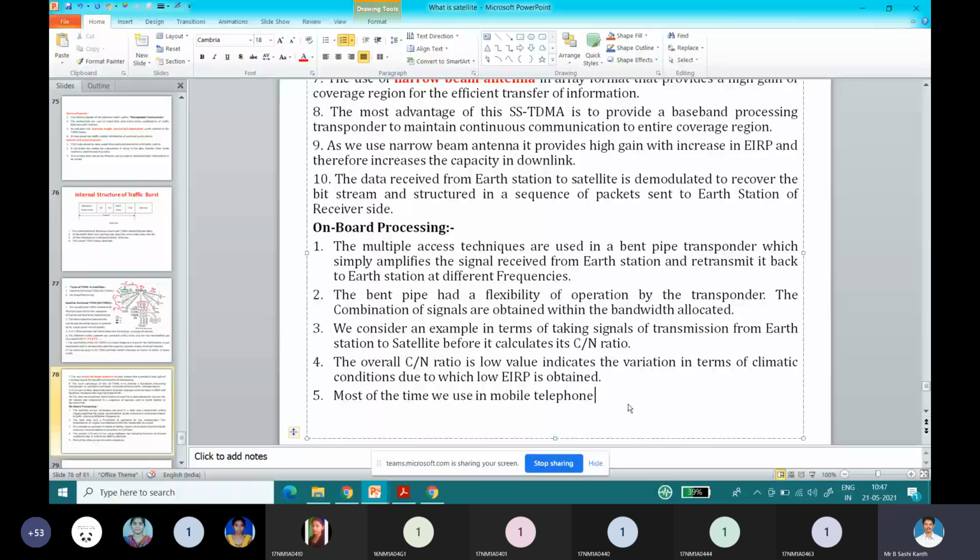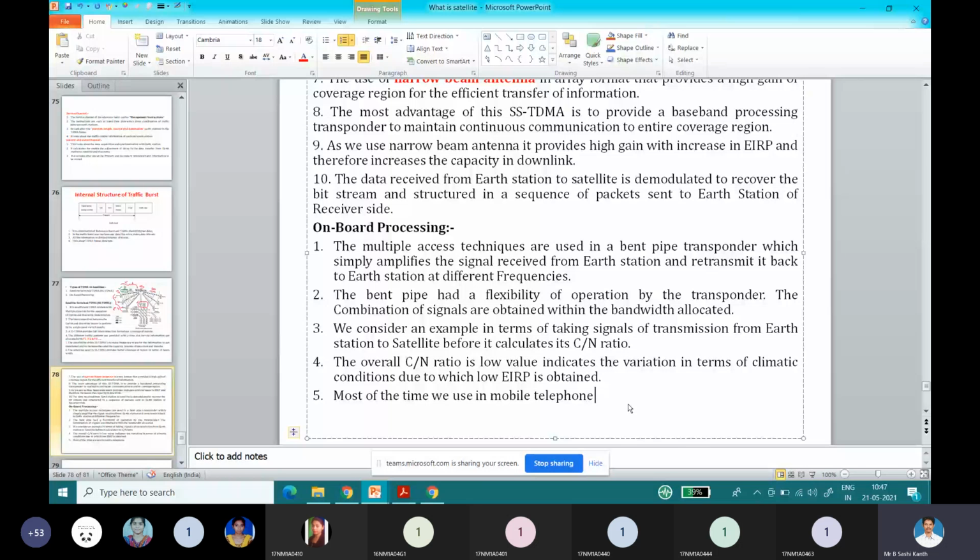Other than these two, we have another one, with the same name only, no change at all, which is called SS TDMA with onboard processing. What does this make you understand?